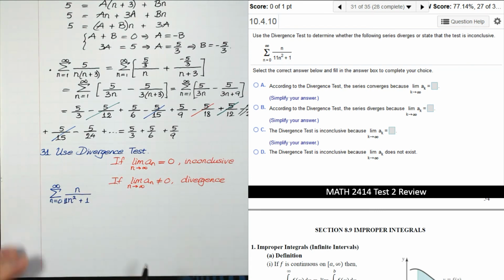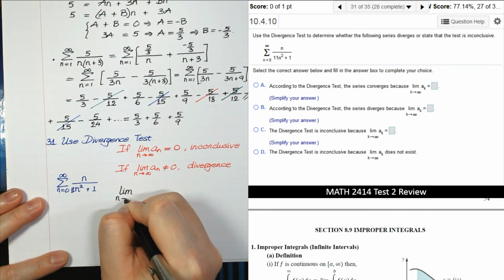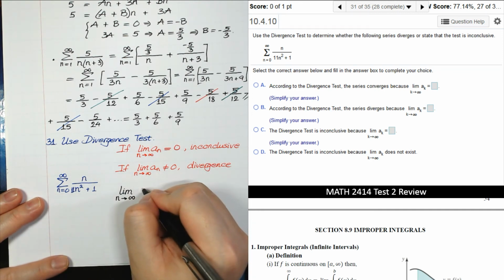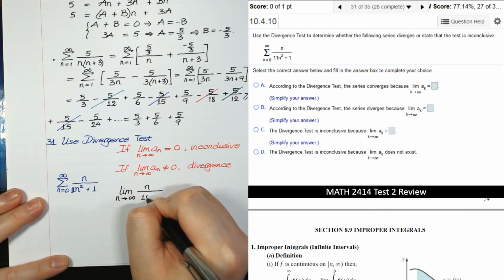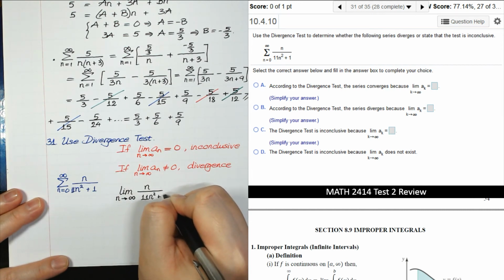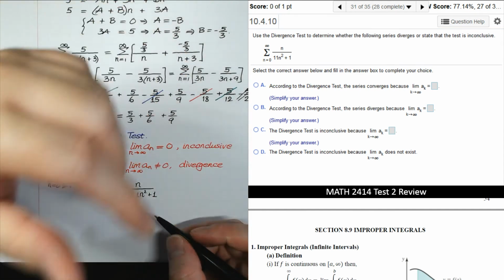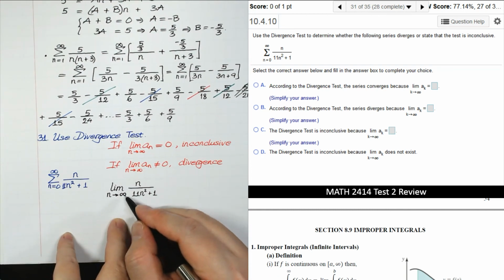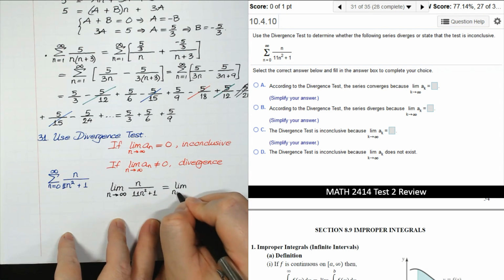Now this one, they only want us to use the divergent test. So all we do is just take the limit as n goes to infinity of that term. Now this is more like a Cal 1 problem, except in Cal 1 we have x instead of n. So when n goes to infinity, only the highest power terms matter.